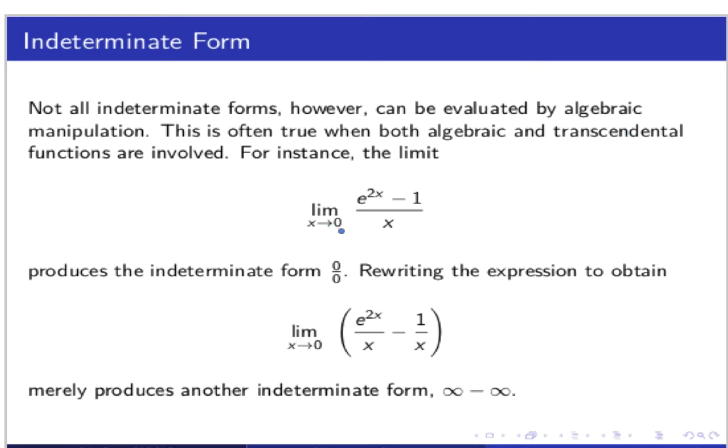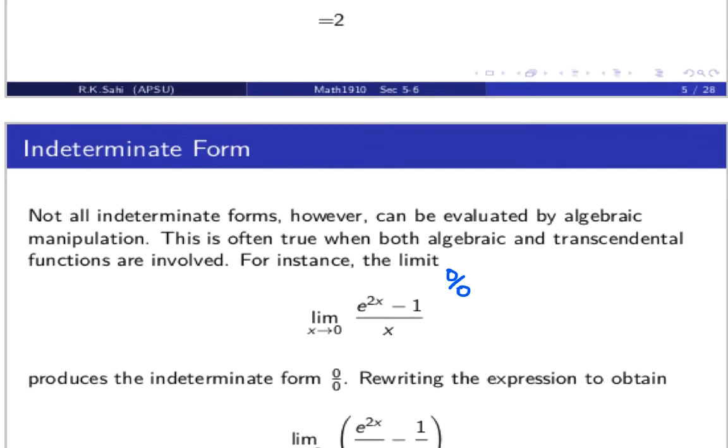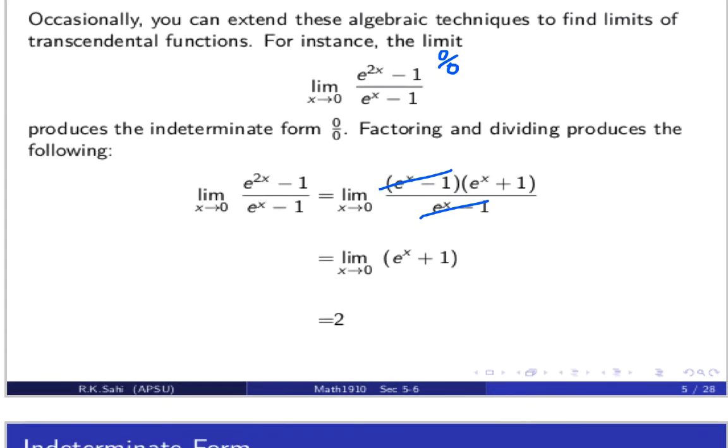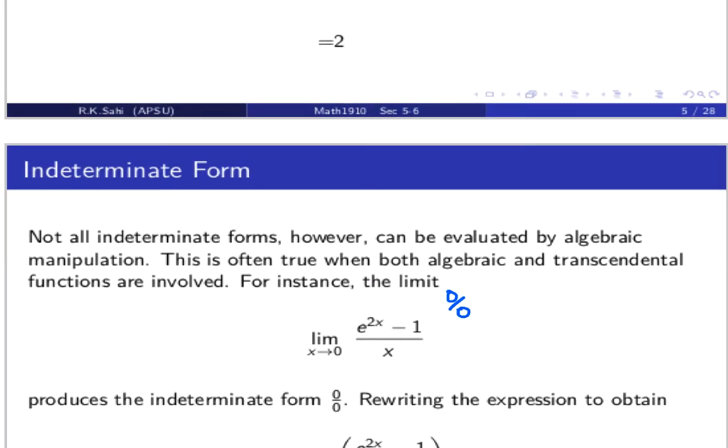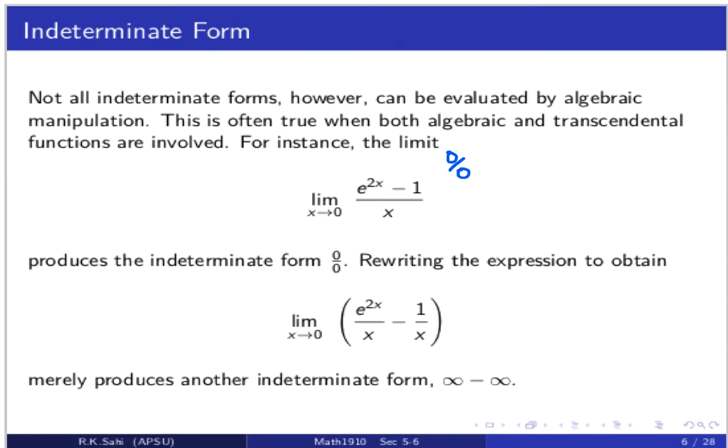The limit as x approaches 0 of (e to the power 2x minus 1) over x. When I substitute 0 in this expression, what do I get? A 0 by 0. Even if I do the algebraic manipulation as I did in the previous example, here I will not be able to solve it. So let's try something else.